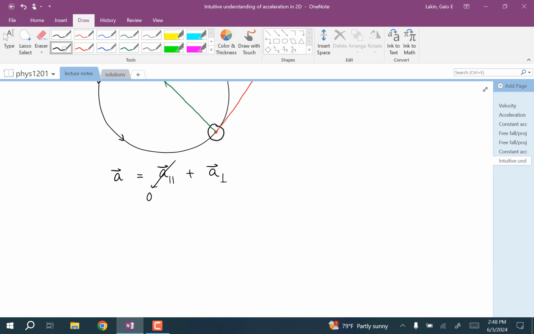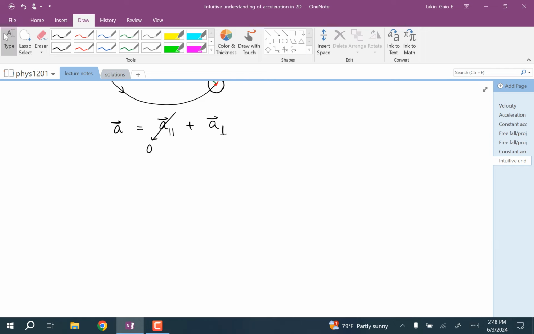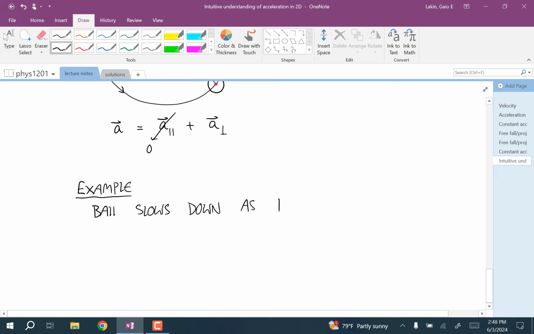Okay, for the last example, we'll do one where we have both of these two things. So let's say this time the ball slows down as it rolls up this curved ramp. This time the ramp is curved, so it's not moving along a line.